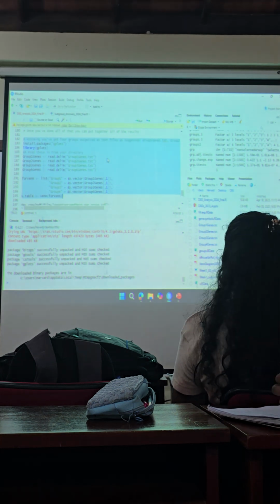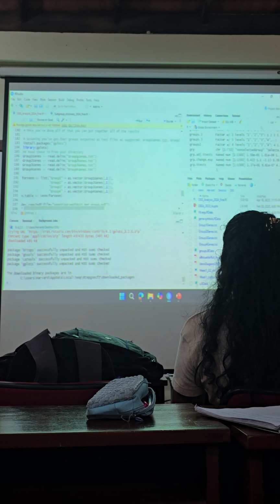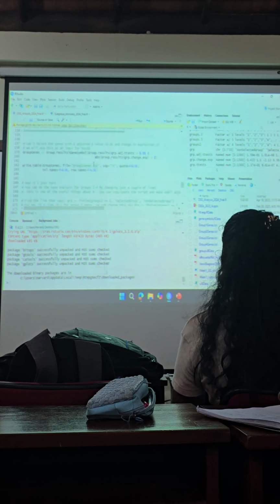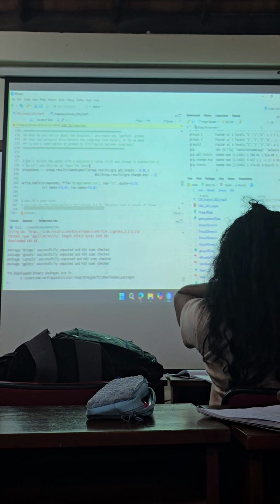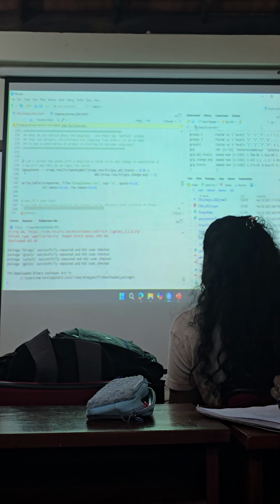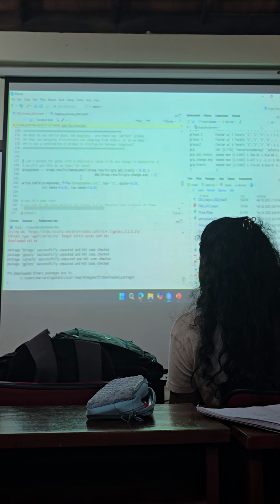Okay, the table that we got after the analysis. Now you have to get the genes for each group. What we are doing here is we take the genes here and we just write them into a text file.